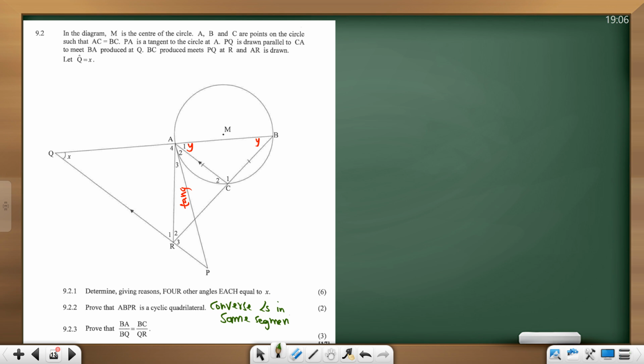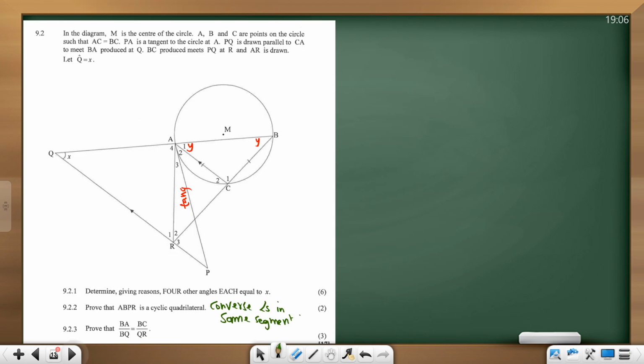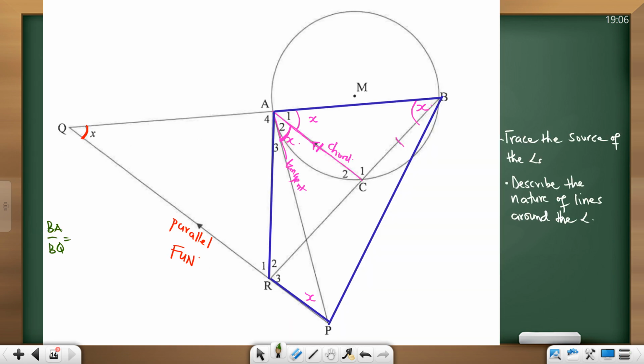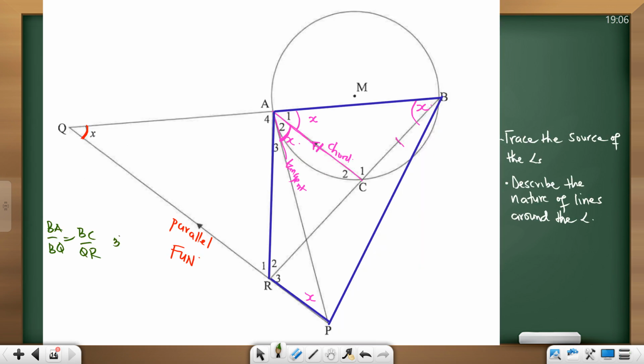Okay, do you want to try the third one for me? Prove that BA over BQ equals BC over QR. I want to write it here on this big one. 3 marks, so I don't think it should be very heavy. BC over QR. Oh, lovely. 3 marks, come.